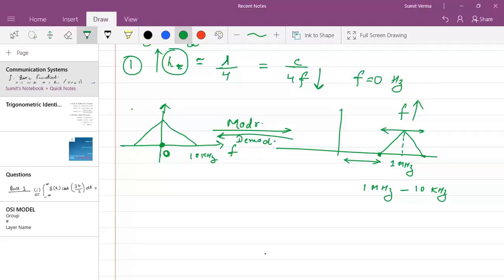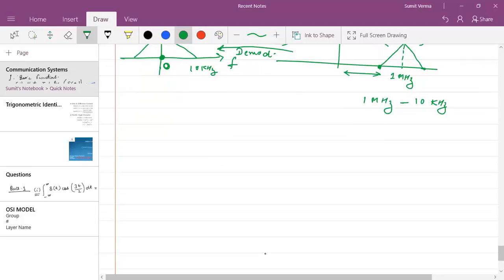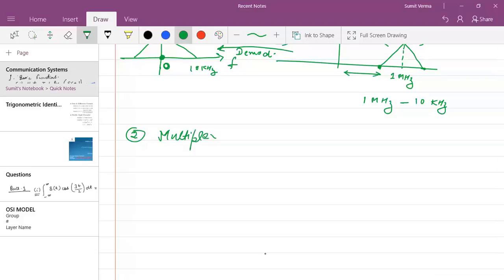Now the second need, not exactly the need, but a benefit we get from modulation, is that we can do multiplexing of signals. What is multiplexing? Multiplexing is that you can transmit more than one signal using the same channel at the same time. How can you do that?